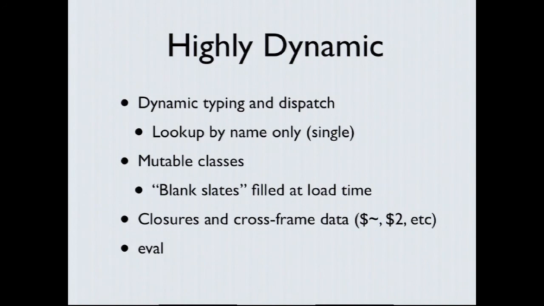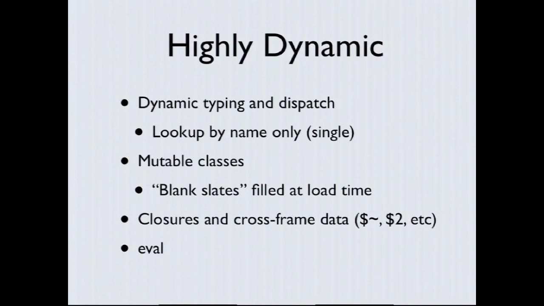So we can't just do simple dynamic dispatch. We've actually got to track if classes are being changed, patched, improved, quotes, at runtime. So you kind of look at Ruby as basically being a class object is created as a blank slate, and at runtime it's filled with stuff. And method calls happen sometimes while things are being filled, sometimes long after things are filled. So we have to track that as well.